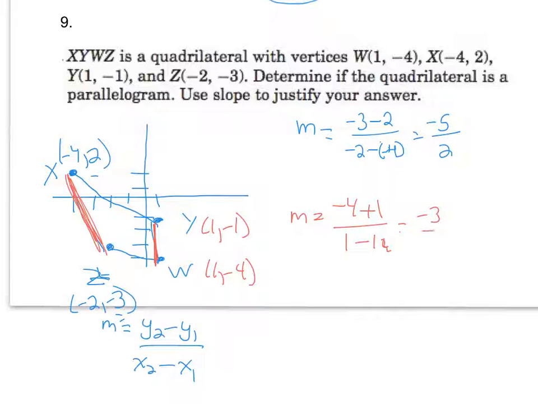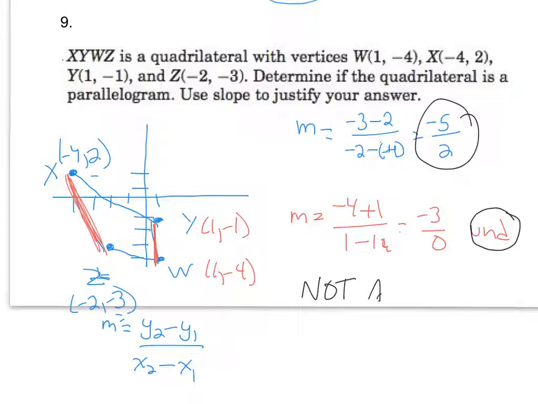So this is negative 3 over 0, which is undefined. So these slopes are definitely not the same. One is a negative number, one's undefined. So we could say those sides are not parallel, so this is not a parallelogram. Remember the definition of a parallelogram: both sets of sides must be parallel. So this is definitely not.